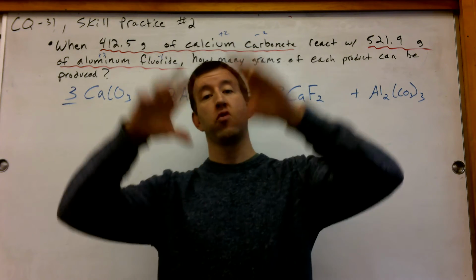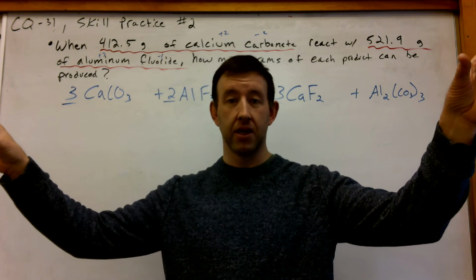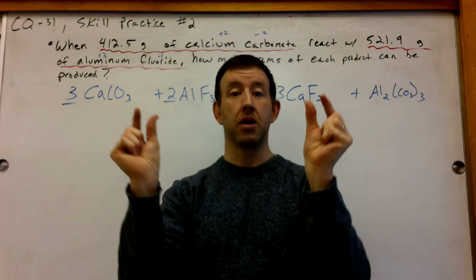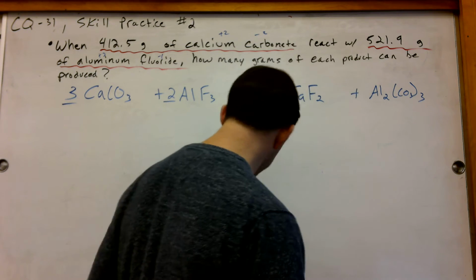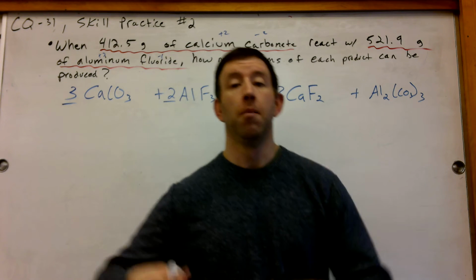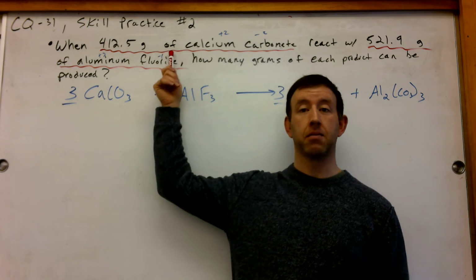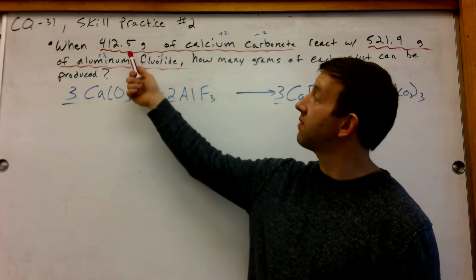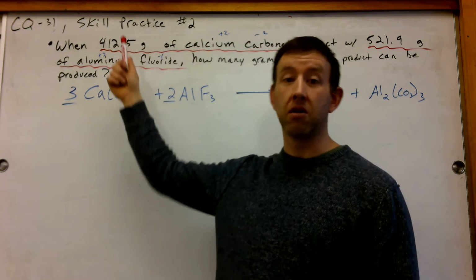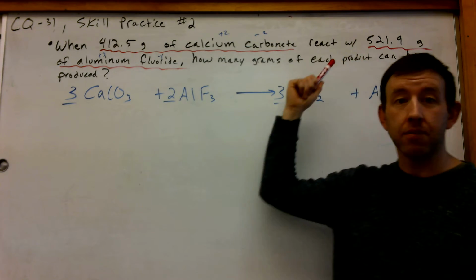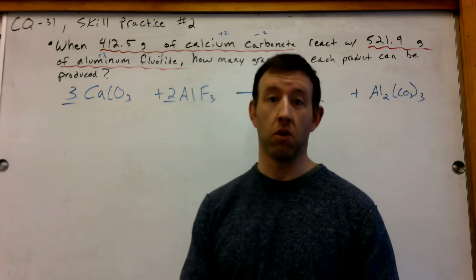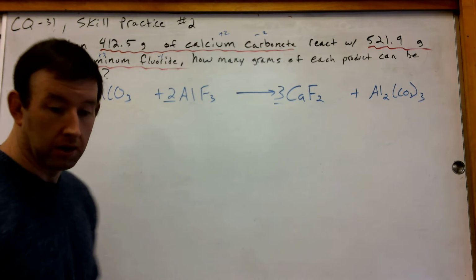So we have to get rid of that molar mass idea and get them in a unit that we can compare, that is moles, right? That's what we've been spending so much time on. So my first step is I got to take my 412.5 grams of calcium carbonate, convert that to moles. Then I need to take my 521.9 grams of aluminum fluoride and convert that to moles. So I'm going to do that right here.